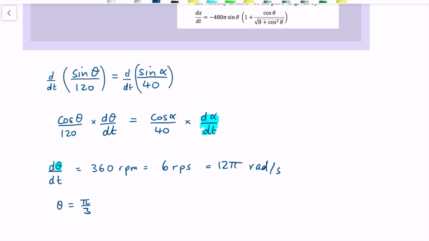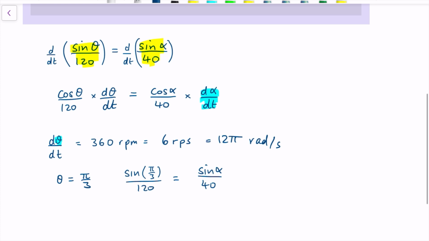we can use the sine rule that we had earlier before we differentiated it to work out what alpha is. So that's this formula here, and theta is equal to pi over 3, so we've got sine of pi over 3 over 120 is equal to sine of alpha over 40, and then at pi over 3 there is a special angle.